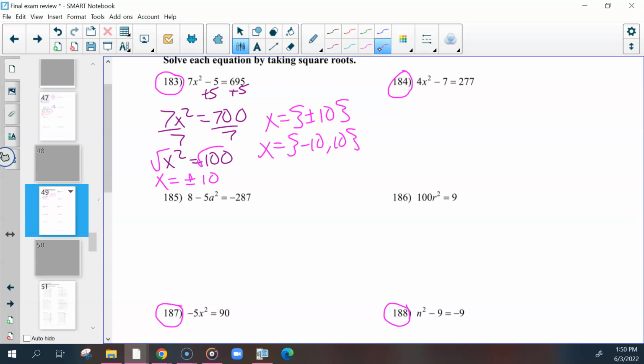For 184, same process. Add 7 to both sides. Divide both sides by 4. I forgot to move my calculator over.